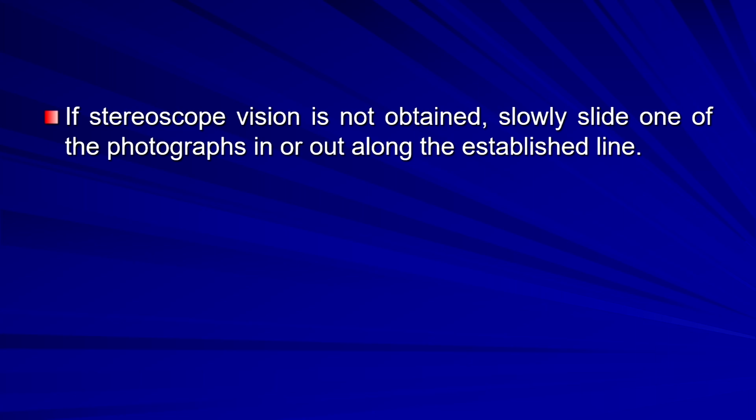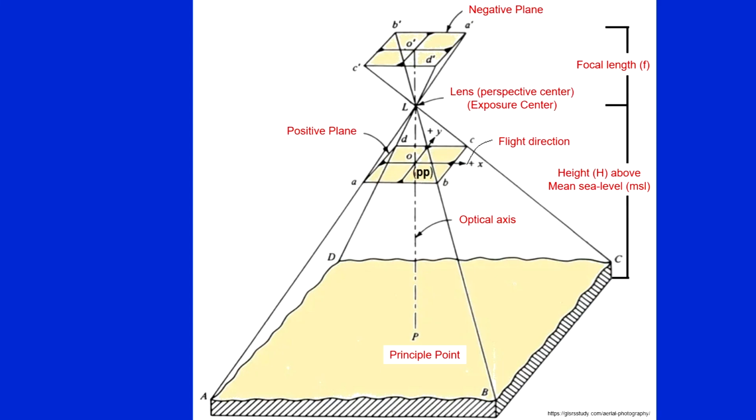If stereoscopic vision is not obtained, slowly slide one of the photographs and try to orient it, at least aligning the established line, that is your line of flight. That alignment is very important, otherwise you will not be able to see the 3D image.